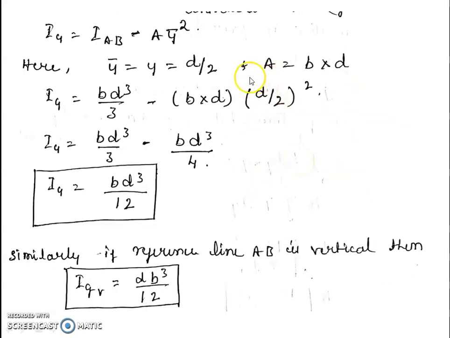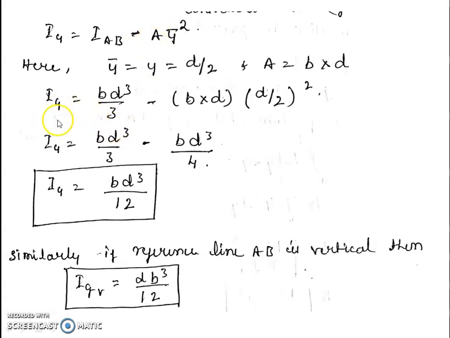Okay, now I will take I_G. I_G is equal to I_AB, the moment of inertia about the base, minus A into y bar square. Y bar is the perpendicular distance between the centroidal axis and the reference axis. A is the area of the figure, that is the rectangle in this case, so it is b into d.